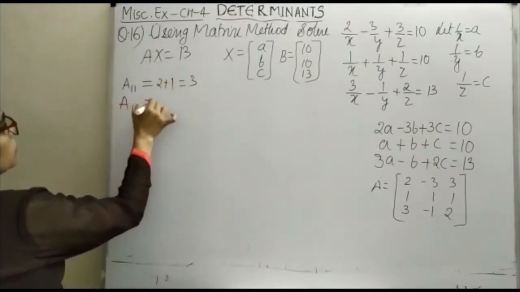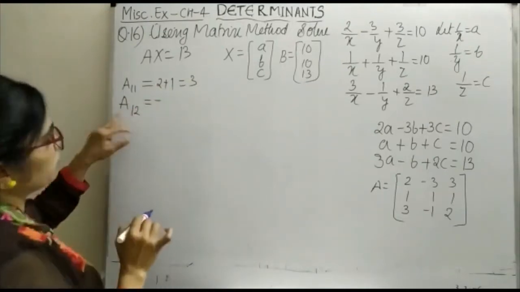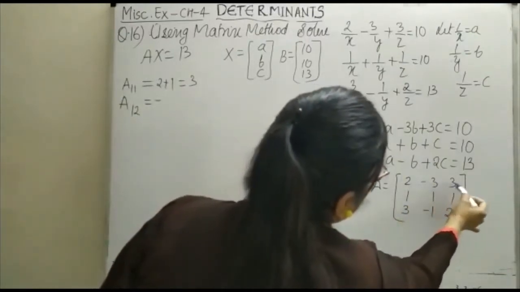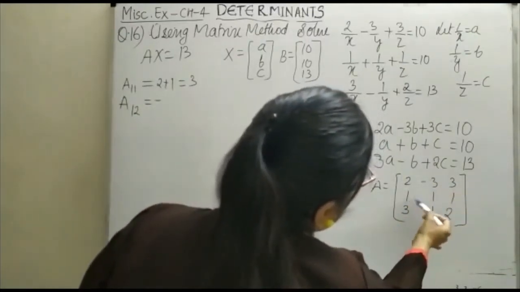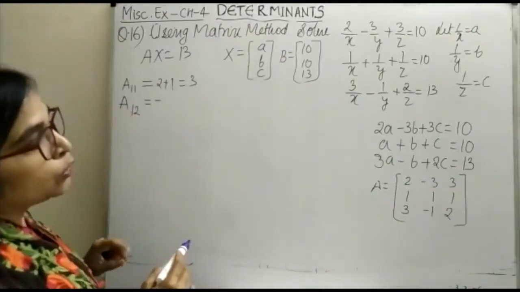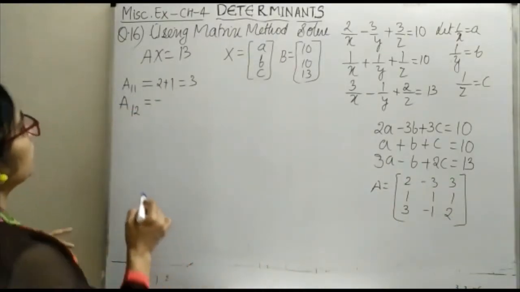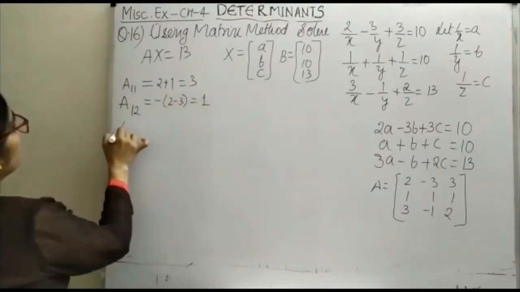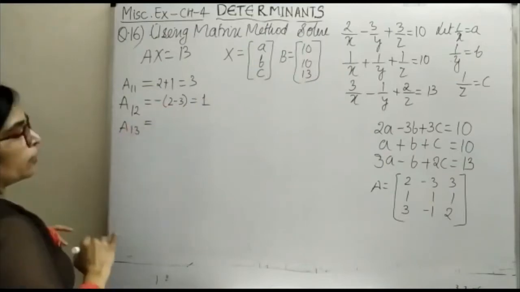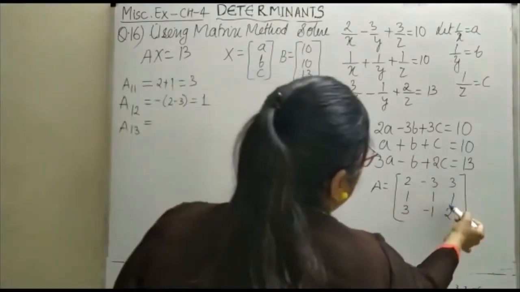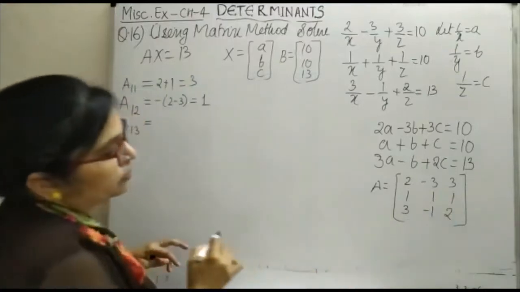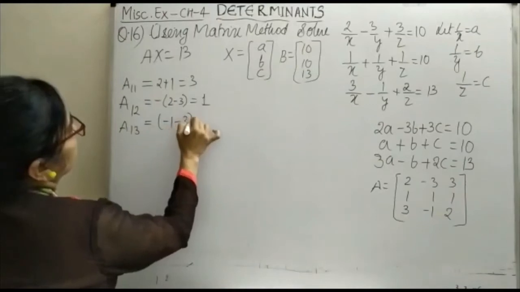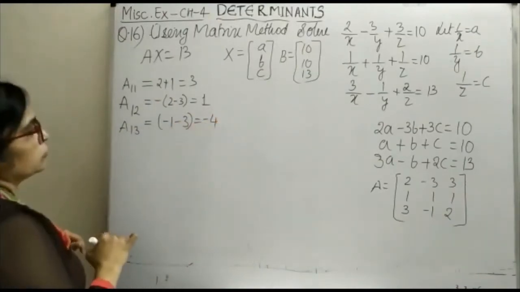Again A12: we put a minus sign here. We exempt this row and this column, so 1 into 2, 2 minus 3, which comes out to be 1. Then A13: exempt this column and row, and this becomes minus 1 minus 3, which is minus 4.